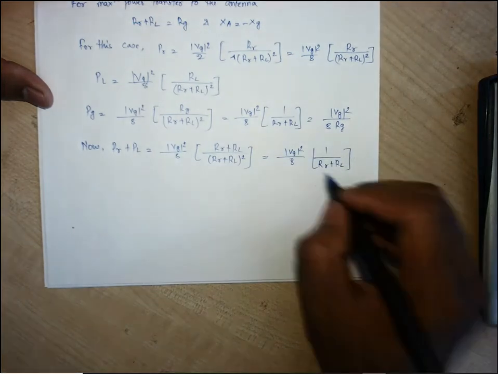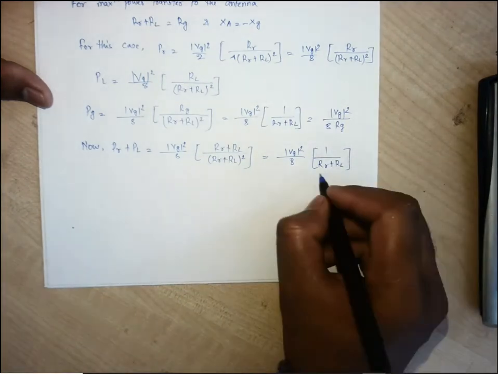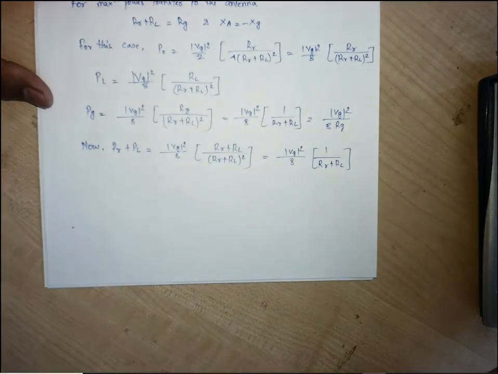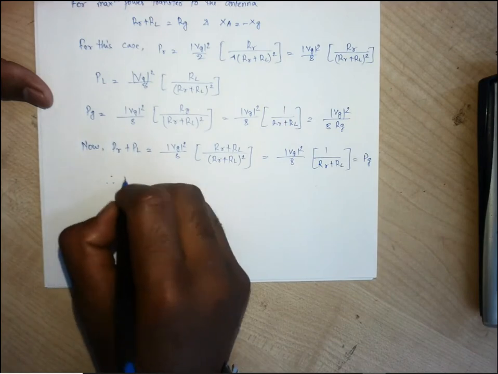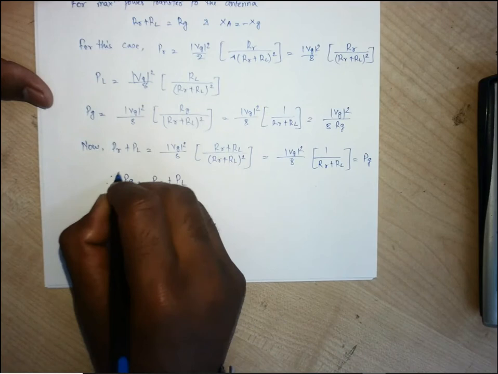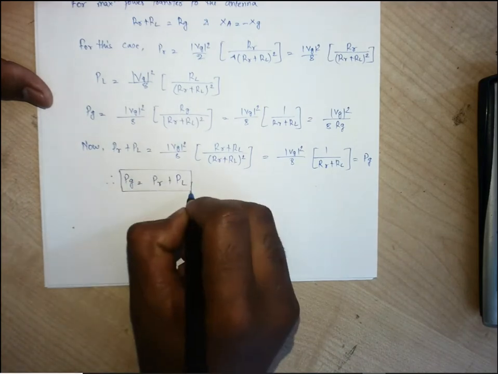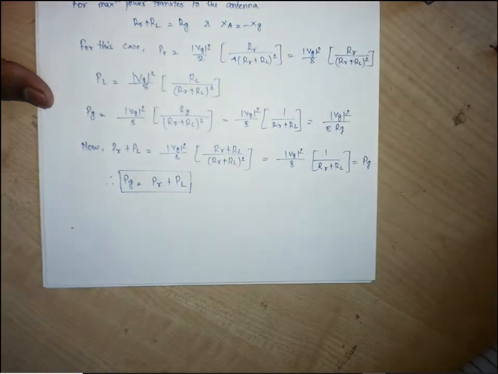This RR plus RL itself is Rg, so this is the same as Pg. So Pg should be PR plus PL. The power dissipated in the internal resistance of the source is equal to the power delivered to the loss resistance and the radiation resistance.